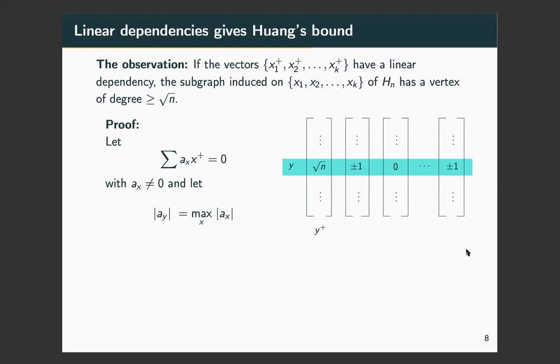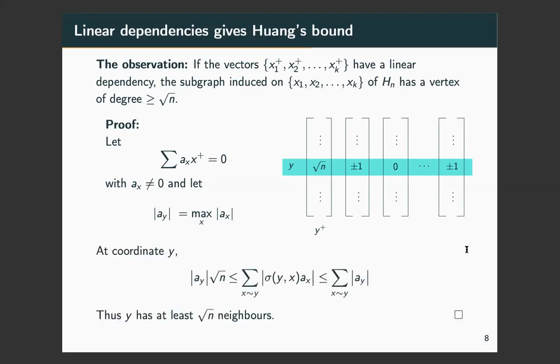Let ay be the coefficient with the maximum magnitude over all the ax's. Then at this coordinate y, we have from the linear dependency that the contribution from the y plus vector cancels those from the other x plus vectors. Recall that in an x plus vector, the only non-zero entries are at the coordinates corresponding to itself and its neighbors.